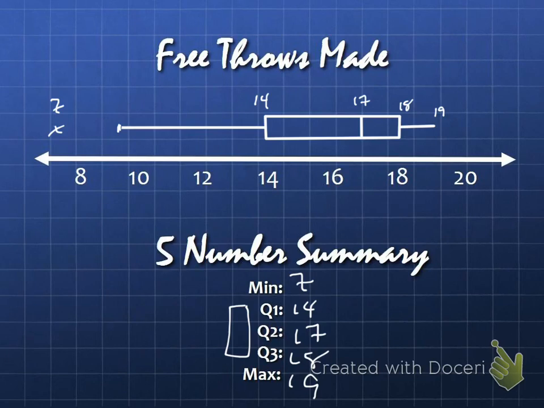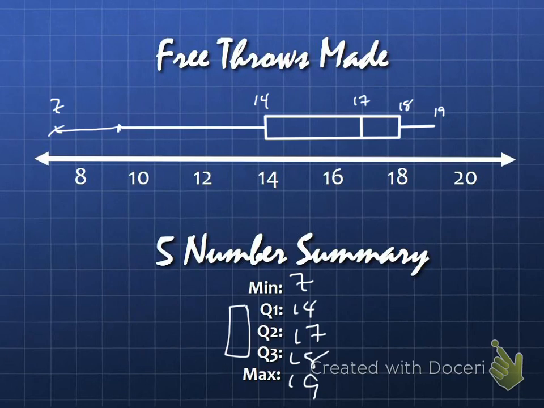Now here we're not 100% sure. As a matter of fact, 7 would be an outlier when you use the 1.5 times IQR rule, but we'll get into that a little bit later. You know what? Actually, let's talk about it now.